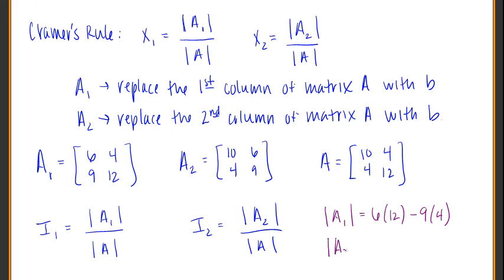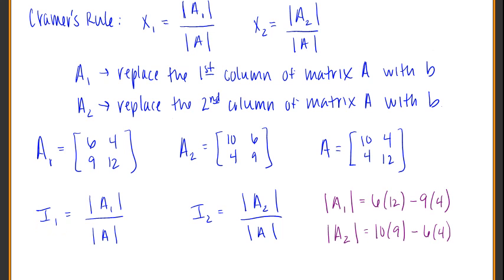The determinant of A2 is 10 times 9, so go along the diagonal from the top left to the bottom right, minus the other diagonal, so 6 times 4. And then the determinant of just matrix A as in general, which we found before, but we can do it again, is going to be 10 times 12 minus 4 times 4.